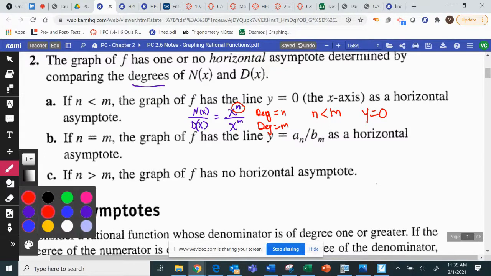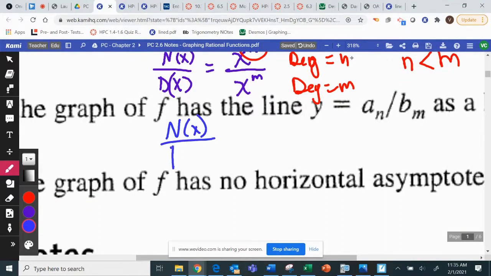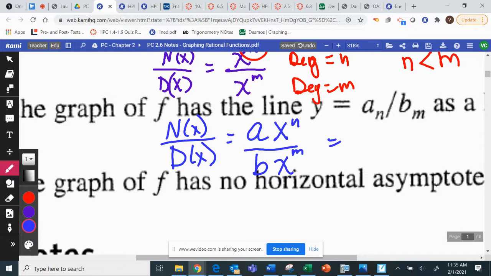The second example would be if n equals m. If they are the exact same, then let me make a new example here. Same kind of example: I've got a function on top and a function on the bottom.